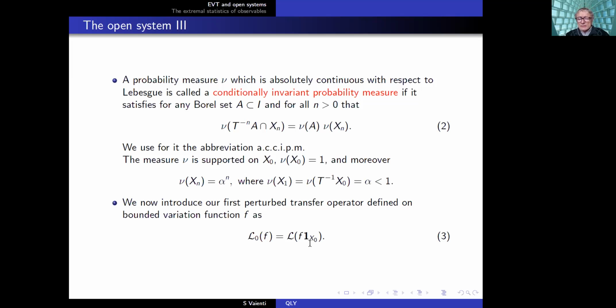If we think of the hole as a very small set, and actually it will be, this new operator is a small perturbation of the old one, because when the hole is very small, the characteristic function of the complement of the hole is large. This is the idea, and you will see in a moment that this set will become larger and larger, because the hole will become smaller and smaller.